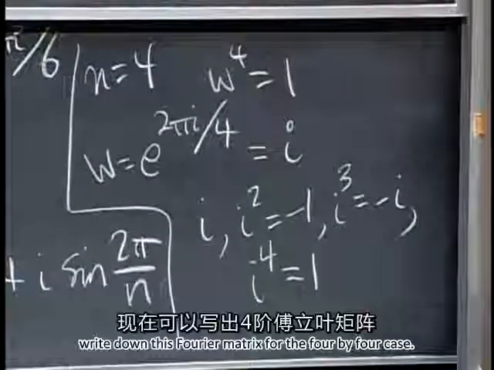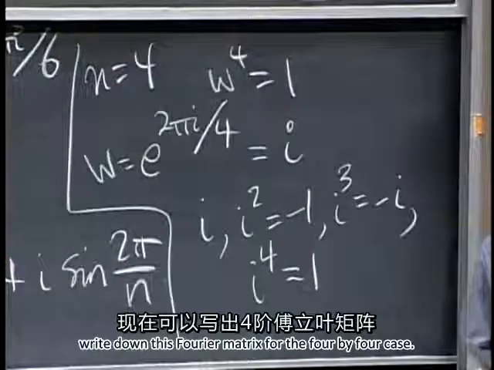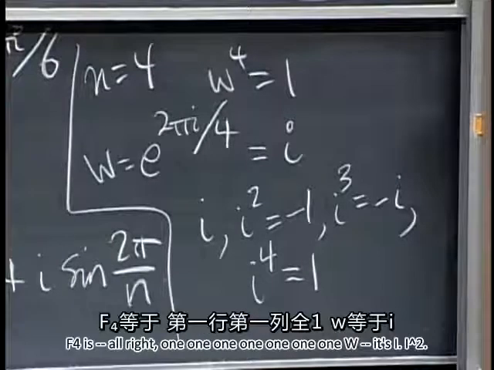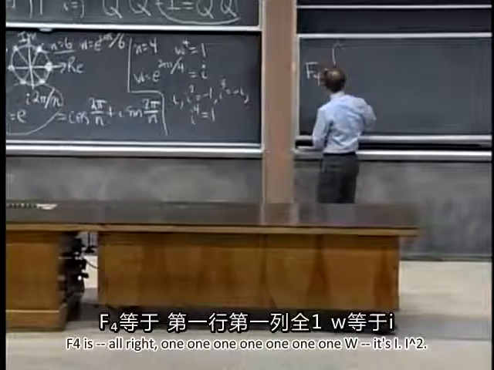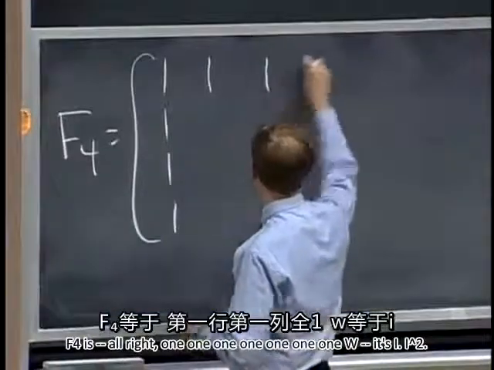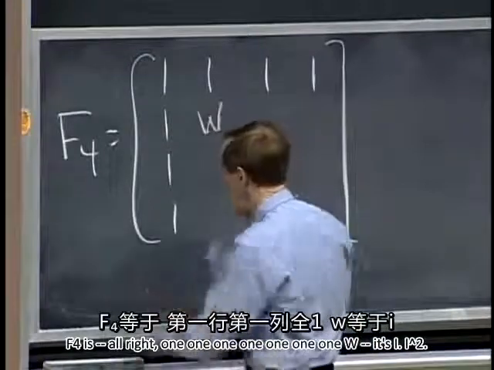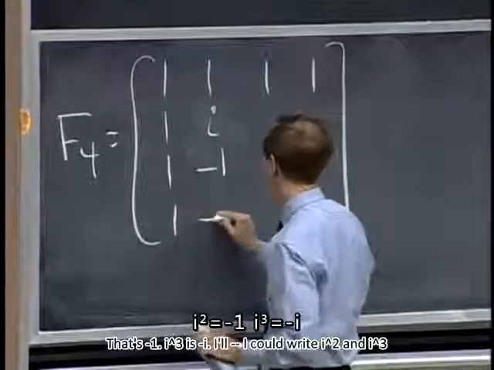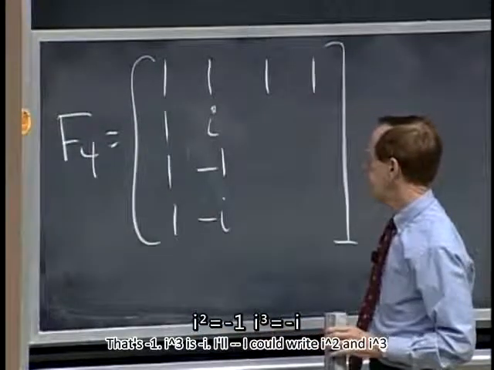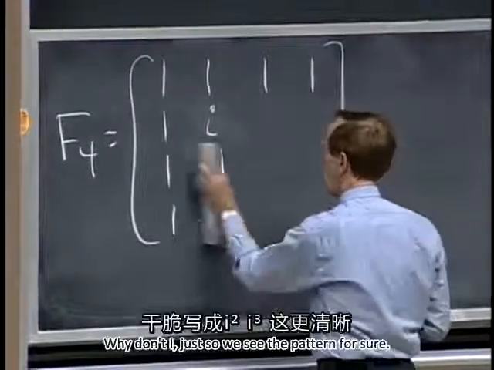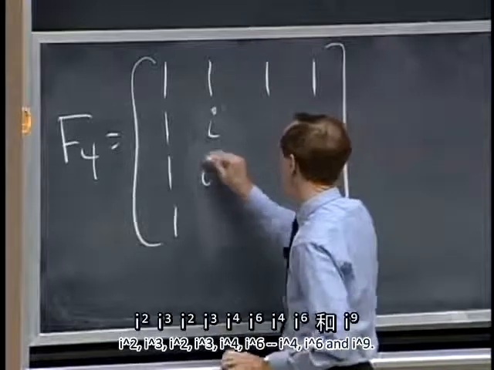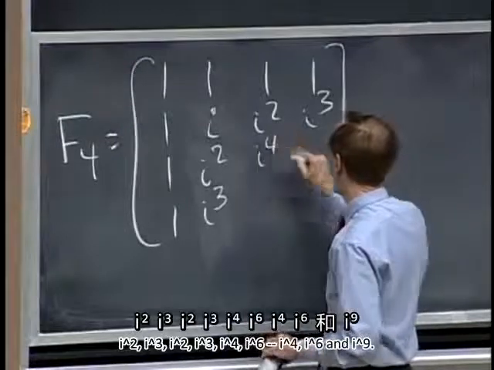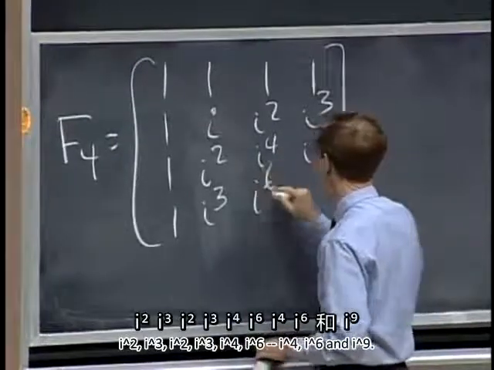I'm really ready to write down this Fourier matrix for the 4 by 4 case, just so we see that clearly. Let me do it here. F4 is, all right, 1, 1, 1, 1, 1, i, i squared, that's minus 1, i cubed is minus i. I could write i squared and i cubed. Why don't I, just so we see the pattern for sure? i squared, i cubed, i squared, i cubed, i fourth, i sixth, i fourth, i sixth, and i ninth.